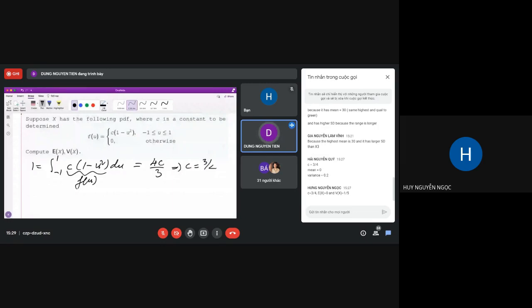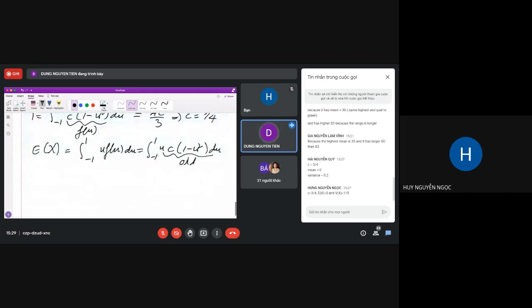And then you can find the mean of x, which is the integral from -1 to 1 of u times f of u du. And then you get the integral from -1 to 1 of u times c times (1 minus u squared) du. This function is an odd function on this symmetric domain. That's why I can conclude that it is 0. Or you can use the calculator to get the answer.